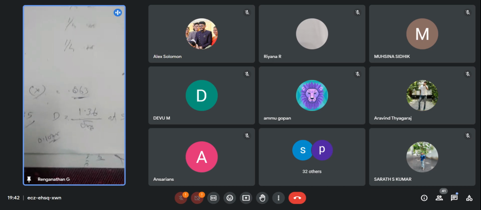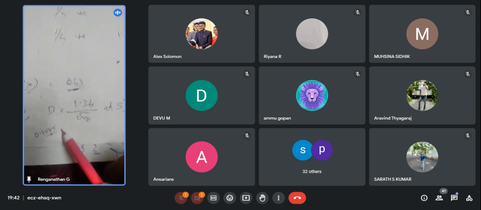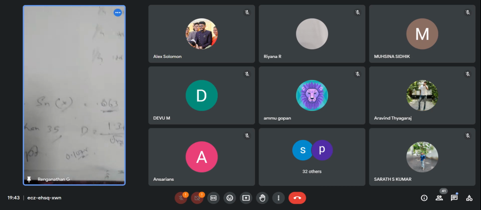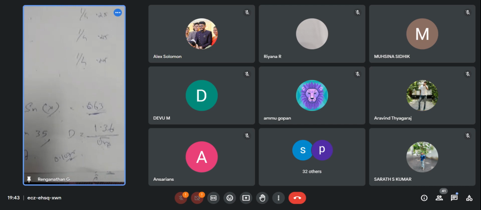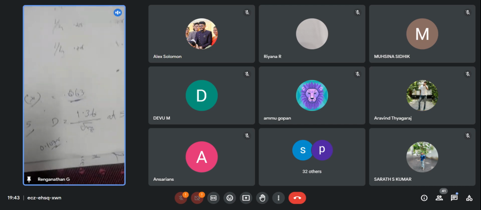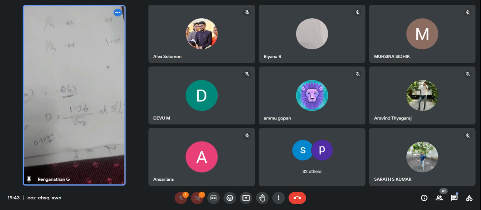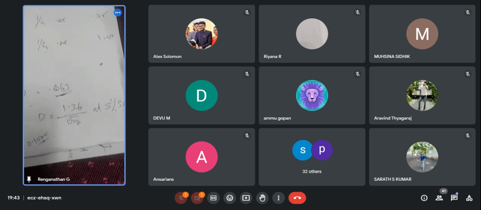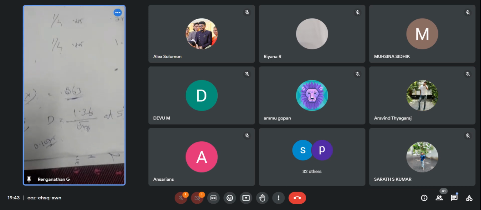Now the decision is, if the calculated value is less than the table value, we accept the hypothesis. So you have to write: since the calculated value 0.063 is less than the table value 0.107, we accept the hypothesis.